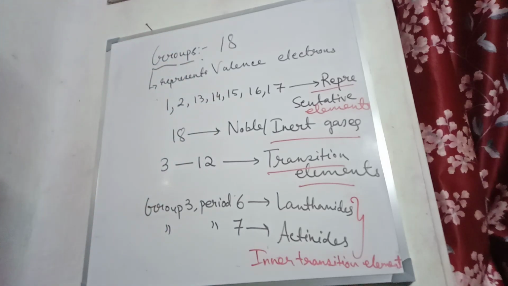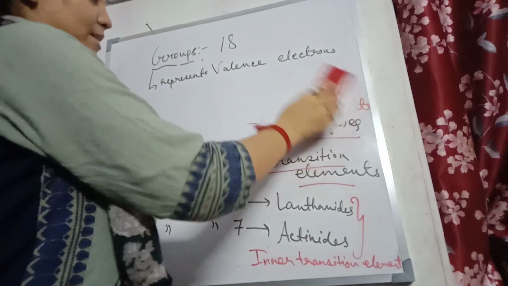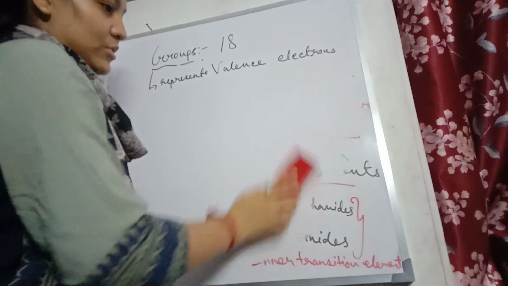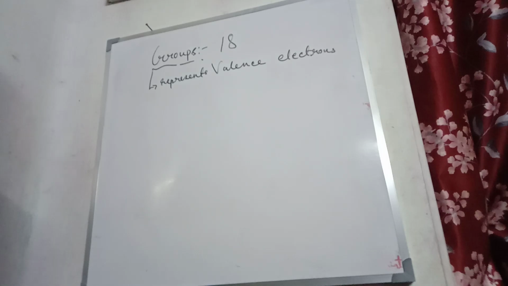Okay. Now if we classify the elements on the basis of their electronic configurations, then what do we observe?